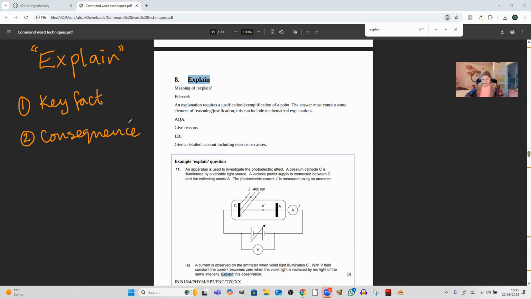So you have to come up with an explanation, and I'm explaining why my bedroom carpet's wet. So really, my starting point for my explanation has to come from where the water comes from. So the source of the water is our key fact.